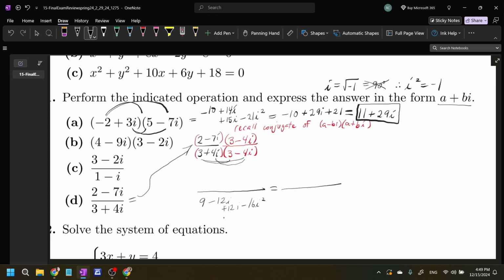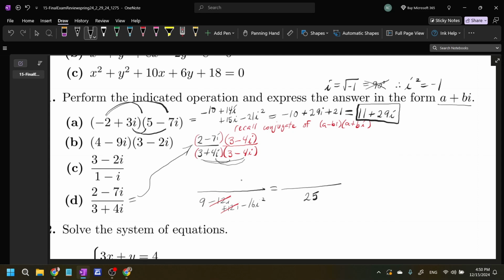Which we know from before, i squared just means negative 1. And we multiply that negative by this negative 16, it's going to give us positive 16. So that combined with the fact that these two middle terms are going to cancel out, we're really left with 9 plus 16. So we can just write our denominator as 25.